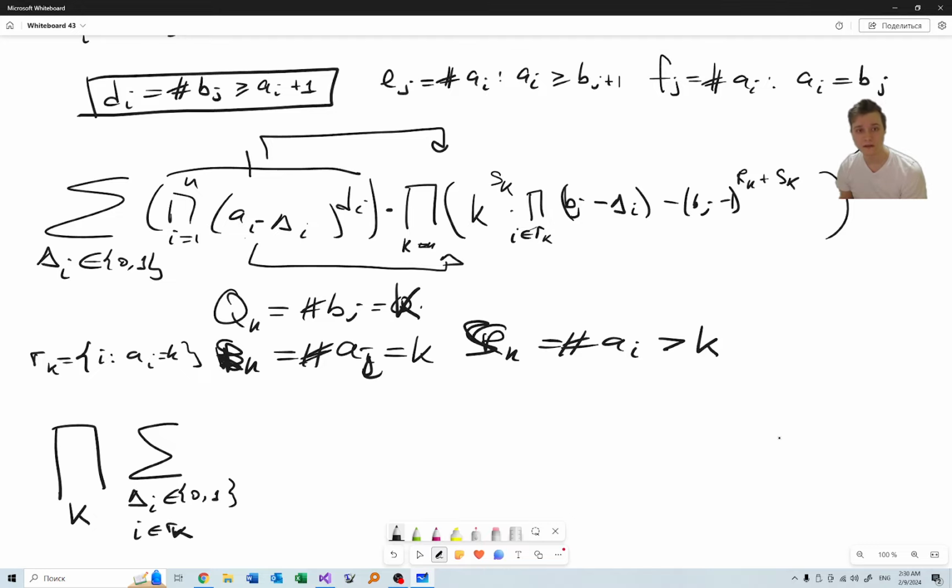Then we take the product over i in R_k of (a_i minus delta_i) to the power d_i times k to the power s_k, and maybe q_k, let's take it.